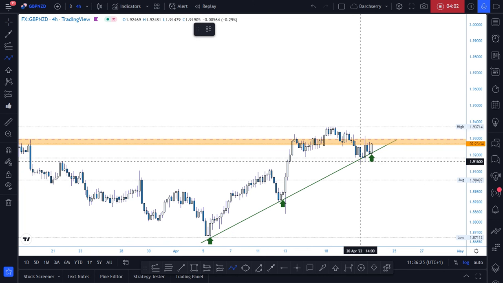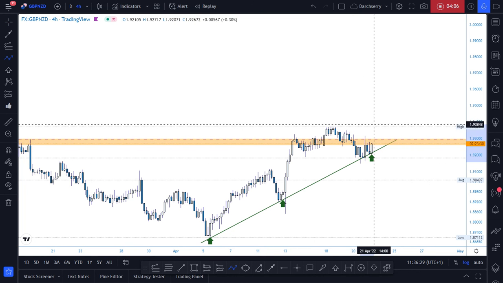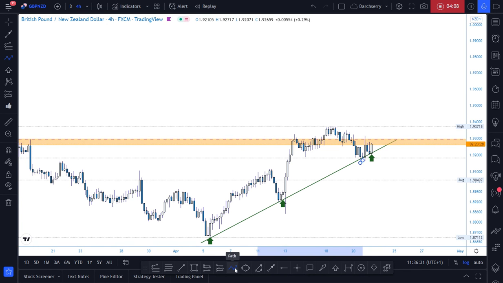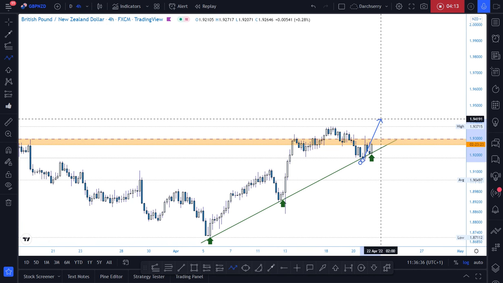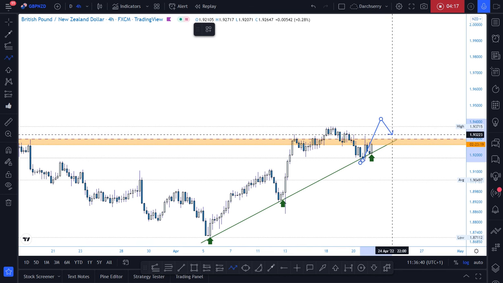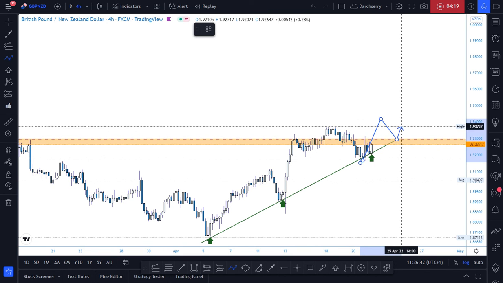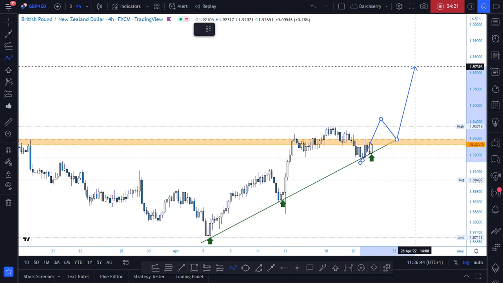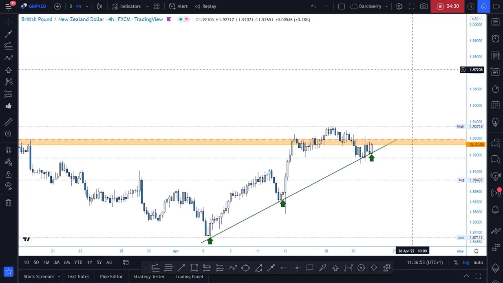After which, if price pushes out of the key level, I'm expecting a confirmation in the form of a rejection of that key level, where it will present us an opportunity to add more position to our existing position to the upside.